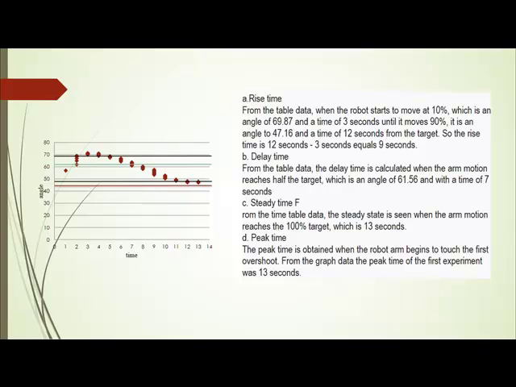In the second, we have rise time 9 seconds, delay 7 seconds, and 30 seconds and 30 seconds too. I think steady state time and peak time are the same.